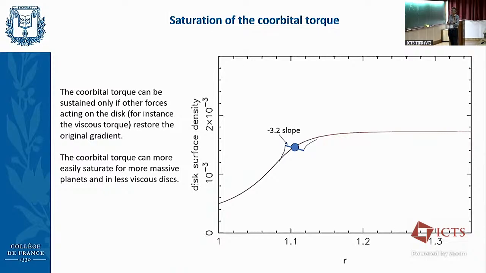So in an inviscid disk, these forces do not exist, and so the co-rotation torque can be desaturated, but maybe the density gradient is due not to viscosity but to magnetic fields, and then you can have desaturation by the magnetic fields. The bottom line is that whatever acts on the disk to create this positive surface density gradient has to be strong enough to prevent the planet from changing the slope in the co-orbital zone.